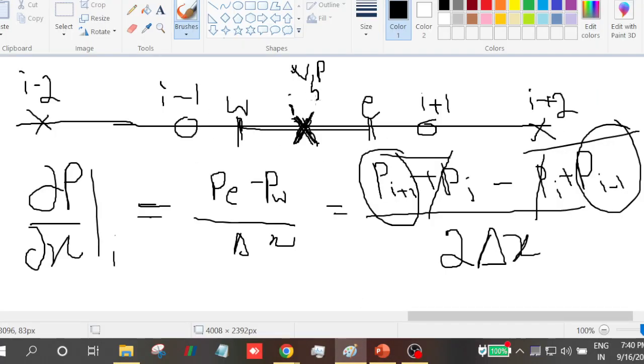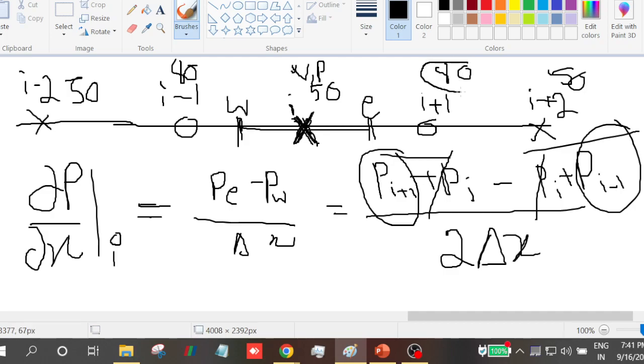We have here 50, I plus 1 is 80, again 50. Here we have I minus 1 is 80 and this is 50. What should be the numerical value of dp by dx at I then? We have derived the equation here. It should be PI plus 1 minus PI minus 1 divided by 2 delta x.